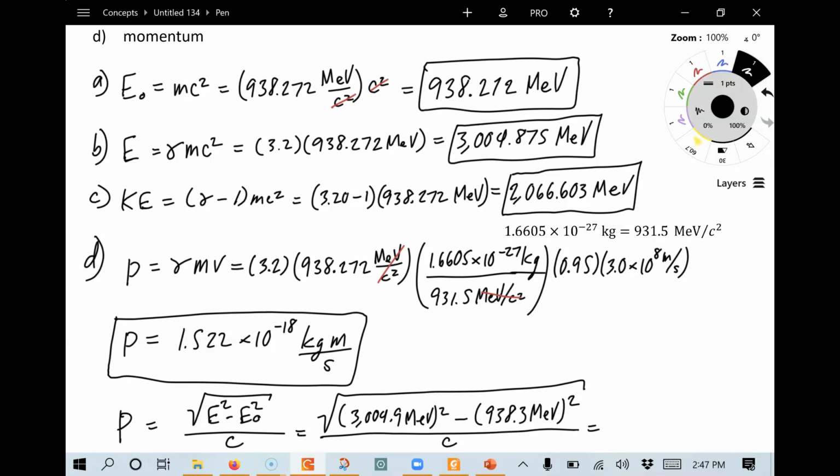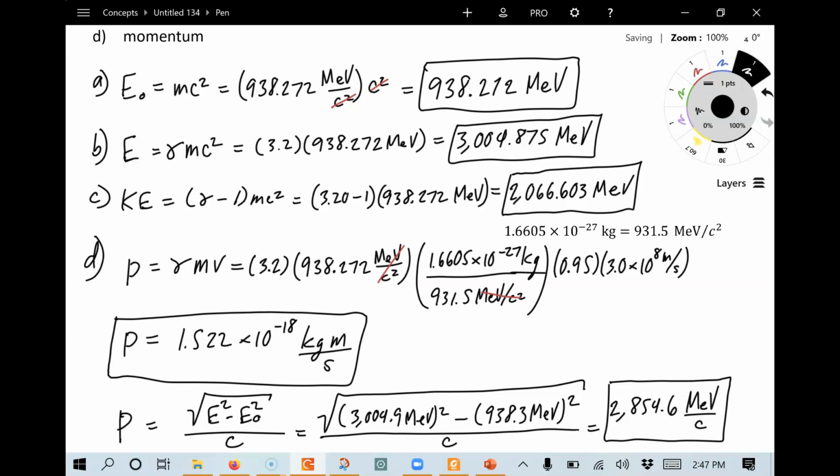Now the c I'm not even going to plug in. But if I compute the top number, it comes out to 2,854.6 MeV. And now I'm just going to add that c to the units. So this is another set of units for momentum. In fact, you can convert between the two with a conversion factor.